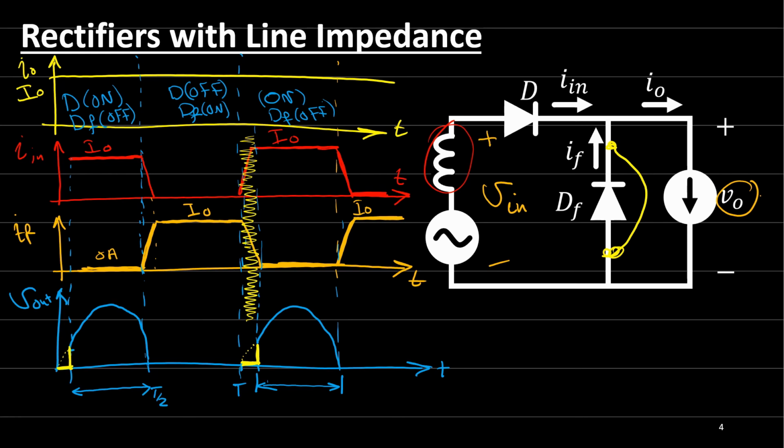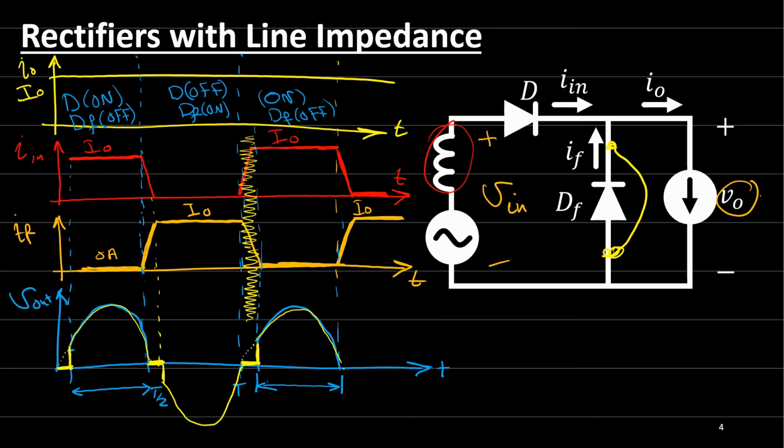How will the output voltage look like? This V out in the blue line, and let's draw the input voltage using the yellow color. The input voltage is like this, and in the negative half cycle it will be like this as well. Why?